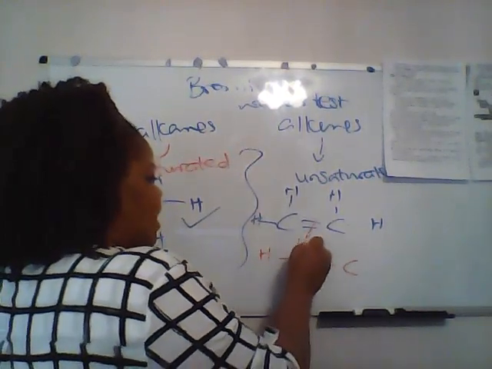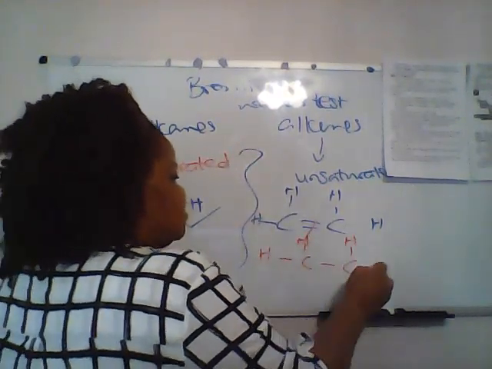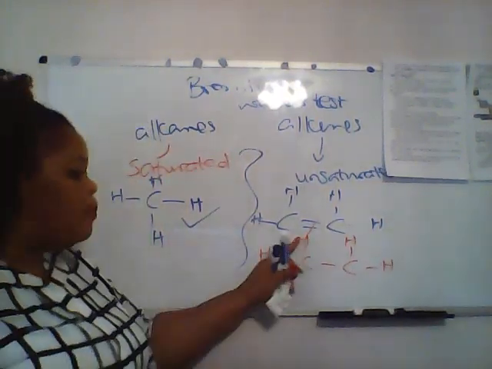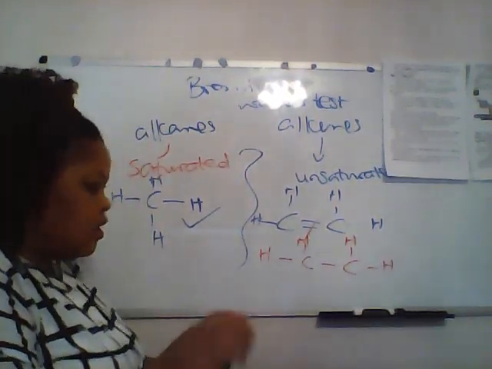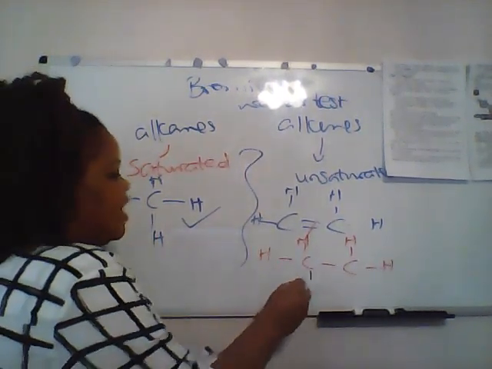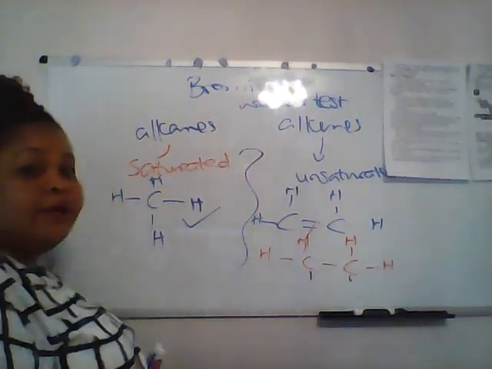Carbon can take up to 4 bonds around it, which means you have a space here to add on to, and a space here to add on to.